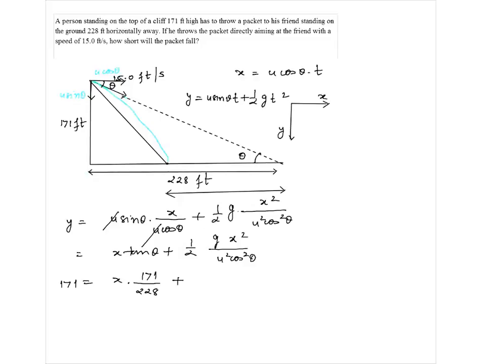Let's take g as 10. U is, just a moment, feet everywhere. g is 32, 32 by 2 is 16. U is 15.